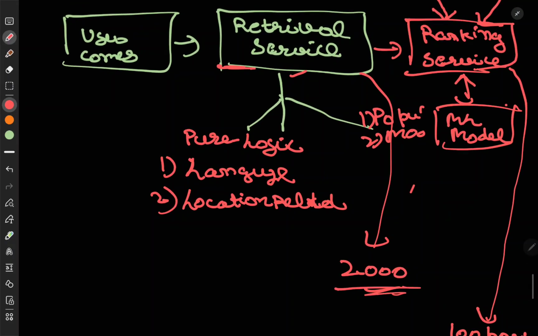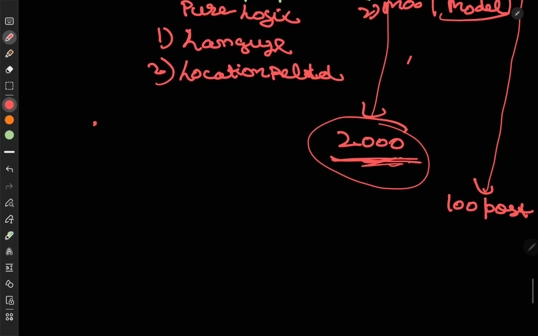This ranking service will calculate scores for every particular post, and the number of posts is only 2000, so the time would be really less. The whole thing would happen in less than 200 milliseconds, because the retrieval service is pure logic and the ranking service happens only over 2000 posts.